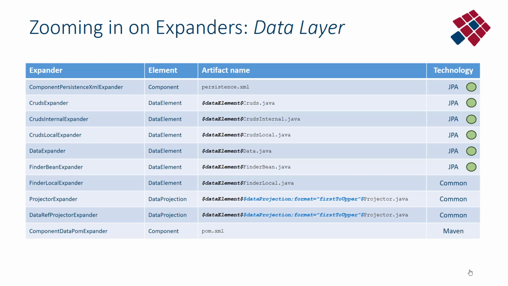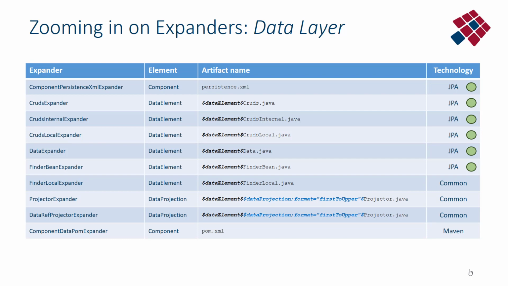Now, in the overview we see in the first column the name of the expander, the expandable element, the module it belongs to, and the name of the artifacts, with a variable placeholder, because if the element has another name, the name of the artifact will be different. And at the right-hand side, we present technology, which is mainly JPA, but also the common or Maven technology. And we still use the colored disks to indicate JPA or persistency dependency.